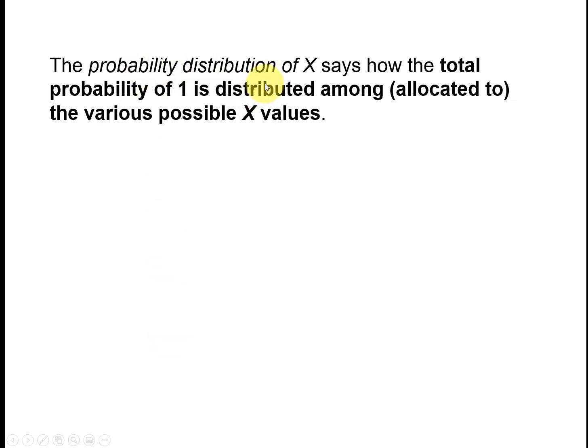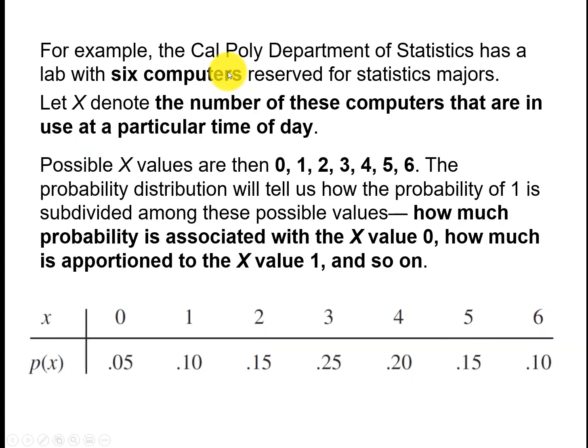So the probability distribution of X says how the total probability of 1 is distributed among all various possible X values. Cal Poly Department of Statistics has a lab of 6 computers reserved for stat majors.